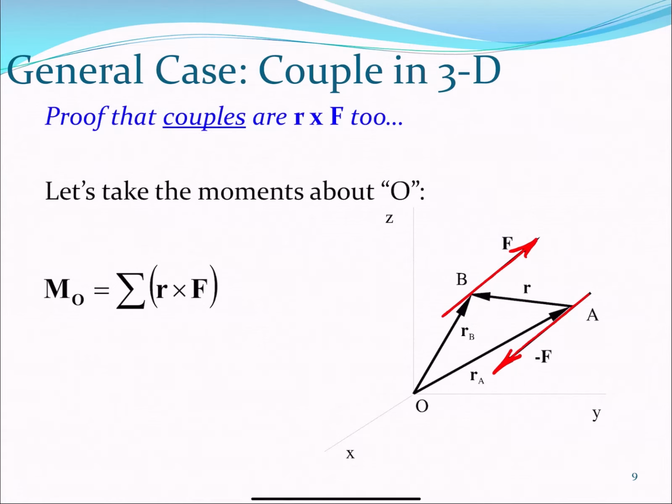The total moment is equal to the sum of the cross products that position vectors shooting from point O to the vectors will have.